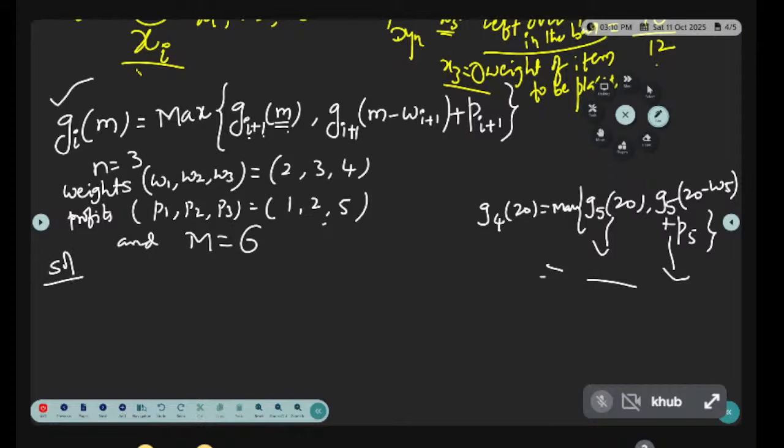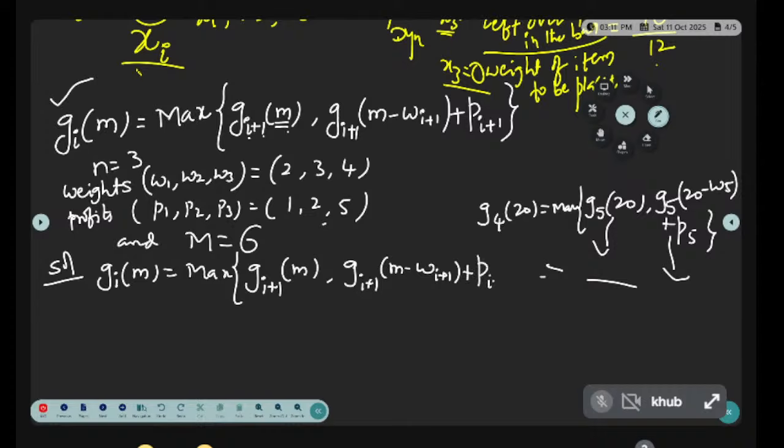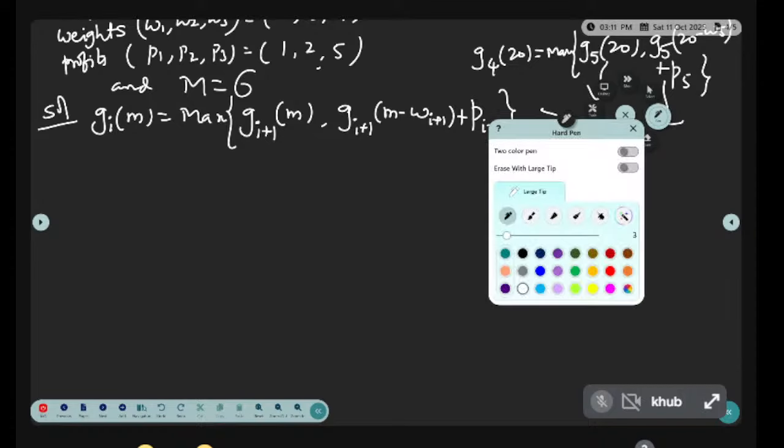write the same formula: Gi of m equals maximum of G I plus 1, next item. Simply, if we don't take the next item, m only. If we take the next item I plus 1, then the next item's weight is subtracted from the bag, minus the weight of that next item, and add the profit. So initially I is 0.